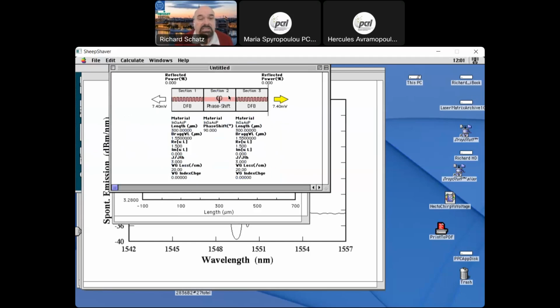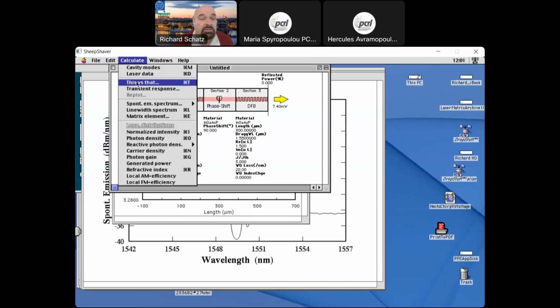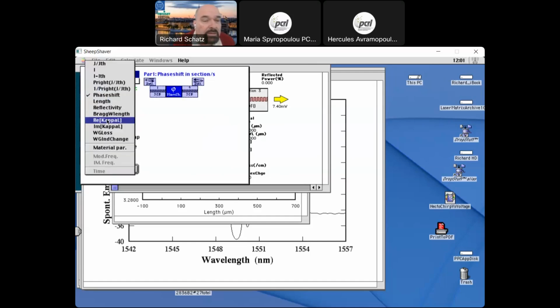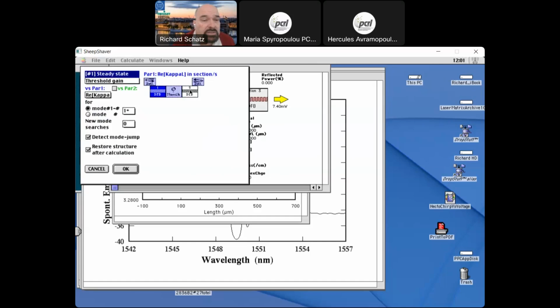Then we can see what the coupling coefficient should be here in order to get the best gain margin at 3 times threshold here. Then we can check if you reduce the coupling coefficient, is it possible to get a better gain margin at 3 times threshold? So then we calculate this versus that. I change the coupling kappa L in these two sections, and then I look at the gain margin.